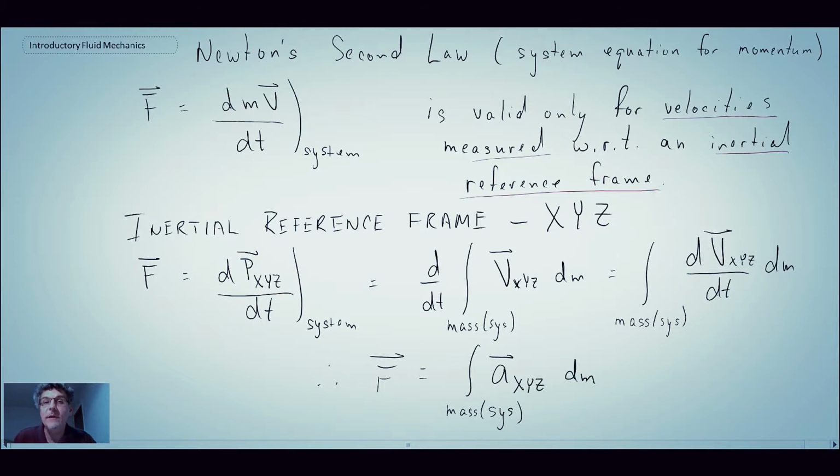That is just going to be the acceleration within the inertial reference frame and then integrated over the mass that we're looking at. And so what we're going to do, we're going to play with this right now, and we're going to find a way to re-express the acceleration in the inertial reference frame in terms of the reference frame of our control volume. And so let's go ahead and do that.